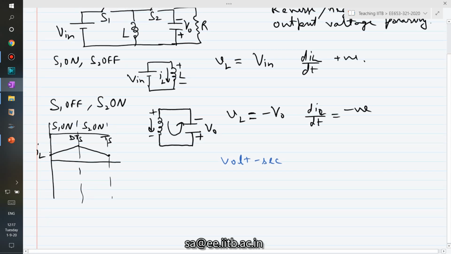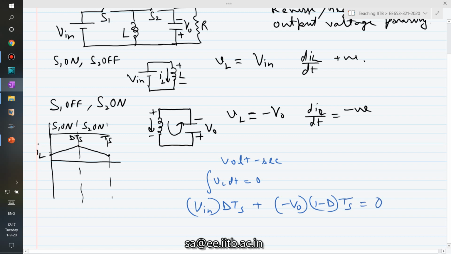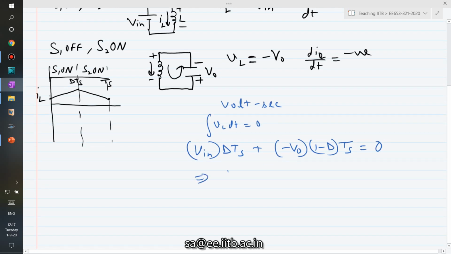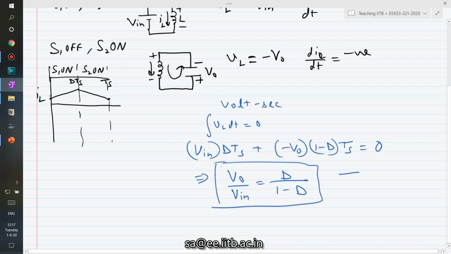So we can write that integral of VL dt is equal to 0, which would give us Vin during the DTs period, plus minus VO during the (1 minus D)Ts period, equal to 0. If you simplify this, you would get output voltage upon input voltage is equal to D upon 1 minus D, which is the expression relating the output and input voltage of a buck boost converter.